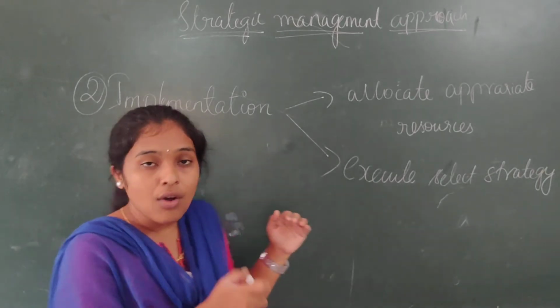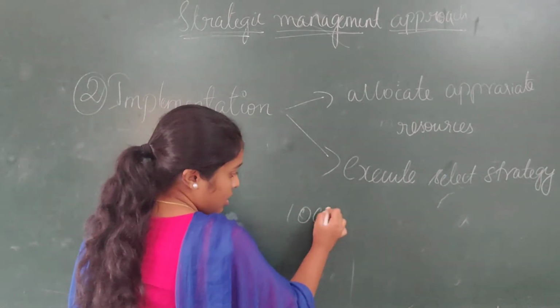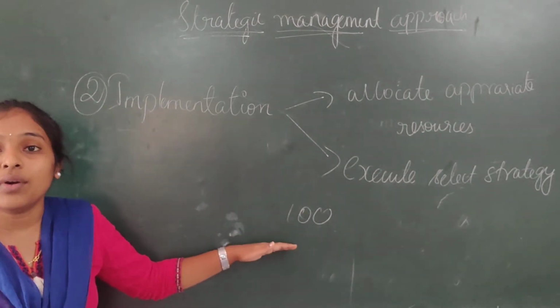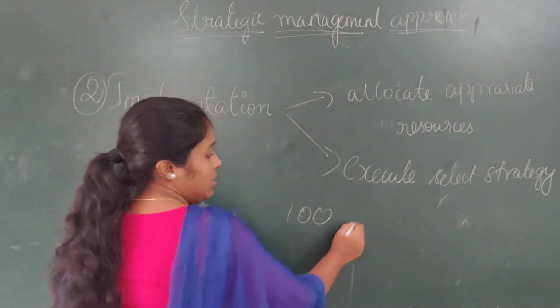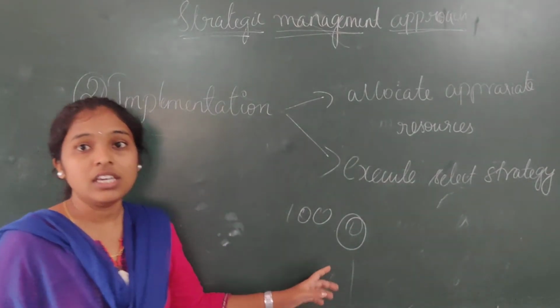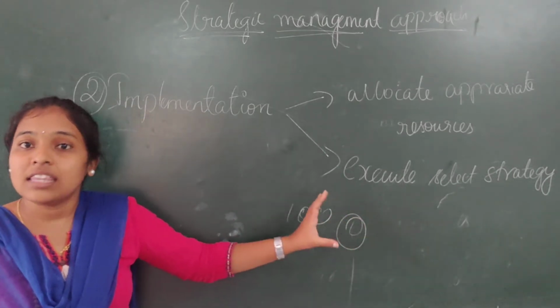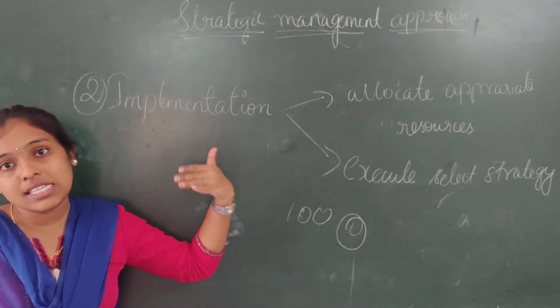See, as I said, now we have 100 strategies. Out of these 100 strategies we are going to take only one strategy which is apt and suitable for the problem, and that strategy we are going to execute.